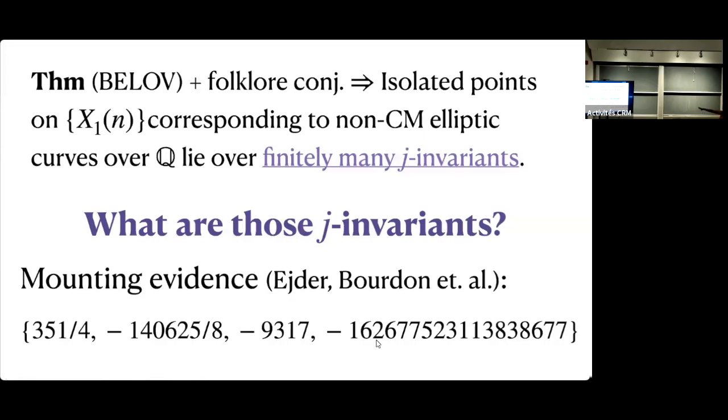And so these are the only 4 from the LMFDB that give rise to isolated points in the tower. Why those 4? I don't know. We don't know yet. But yeah, so that's one question.